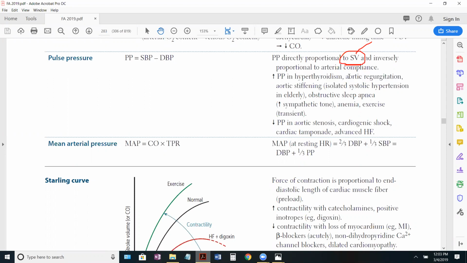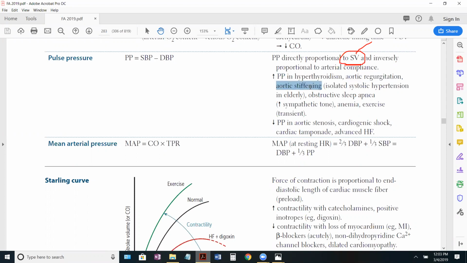Why? Because in aortic regurgitation, when we push blood into the aorta, much of the blood goes back into the left ventricle. So in the next beat, that blood plus the new venous return will be ejected out, and that next beat would have so much stroke volume, and that's why the pulse pressure is very high in aortic regurgitation.